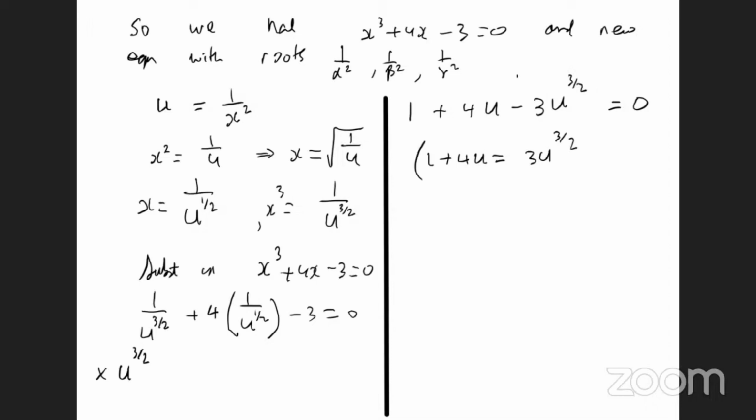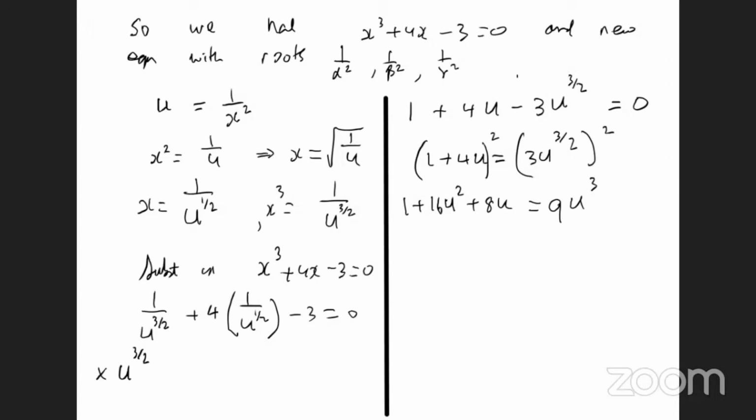So I'm going to square up here, and I'm going to square up here so I don't have that fraction anymore. So here I'll get 1 plus 16u squared plus 8u. Right? That's when I expanded the bracket there. Is equal to, I'm going to square the right-hand side, and I will get 9u cubed.